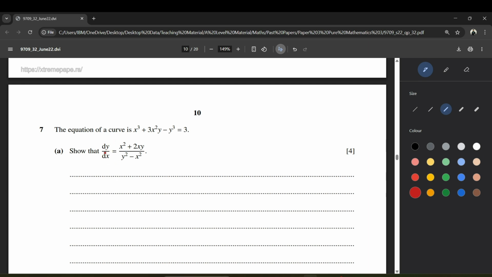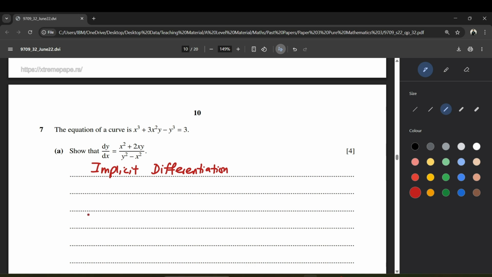If your derivative contains two variables, so here you have x and you also have y, and the function is comprised of two different variables, x and y, here we use implicit differentiation. So this is a question of implicit differentiation.